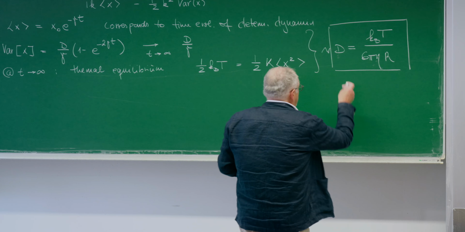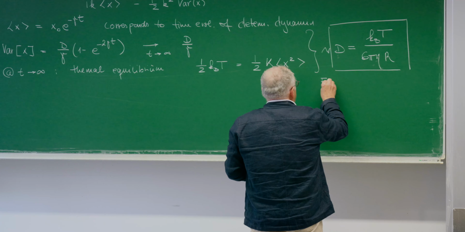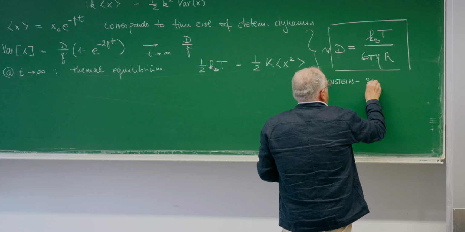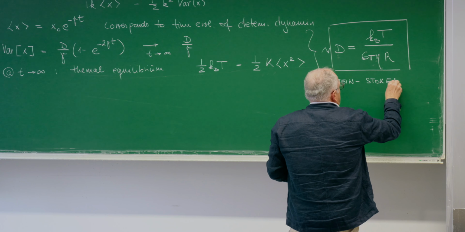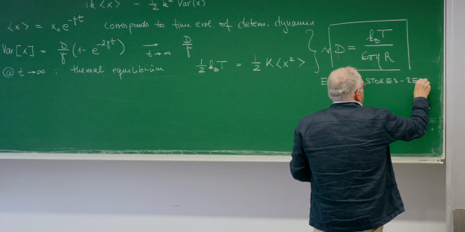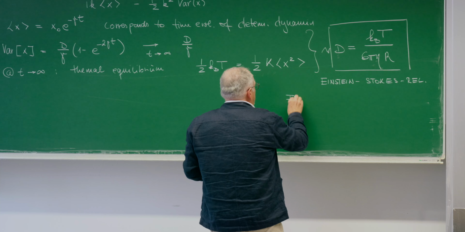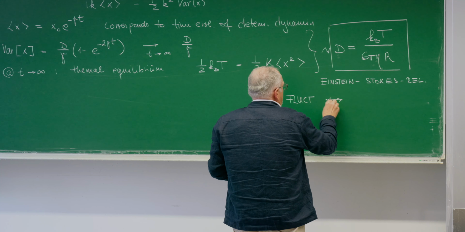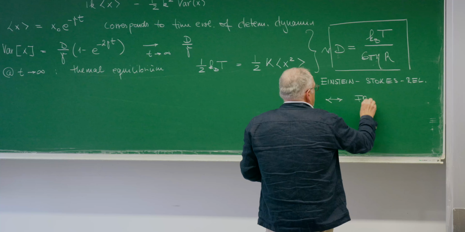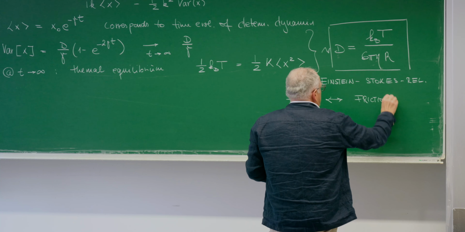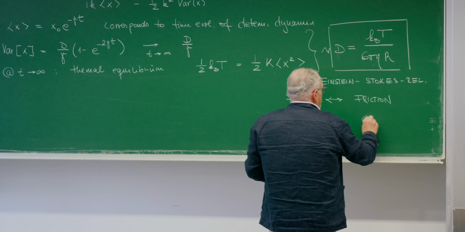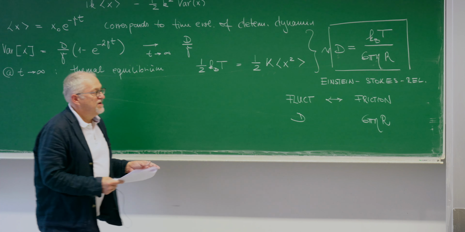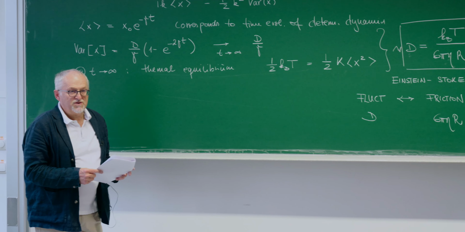This has a very famous relation. It's called the Einstein-Stokes relation. It means that in equilibrium, the fluctuations determined by the diffusion coefficient are related to the friction, which in our case is the Stokes friction coefficient for a bead in a harmonic potential.